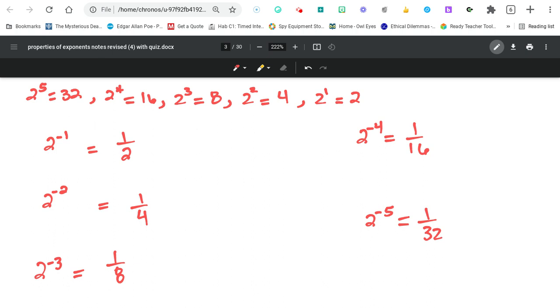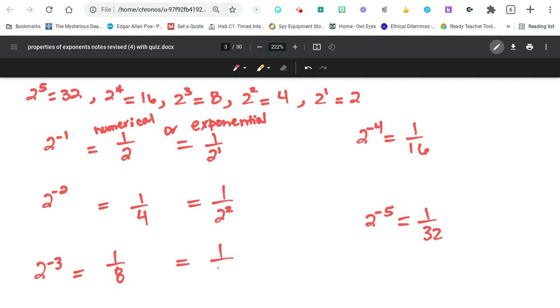Okay. This is what we call numerical form. But I also gave you the answer another way, with an exponential form. Exponentially, this is 1 over 2 to the first. Exponentially, this is 1 over 2 to the second.